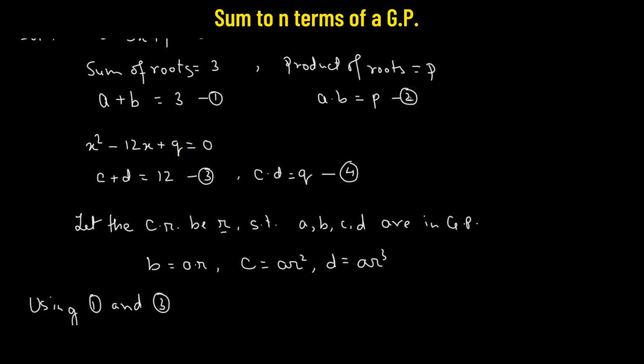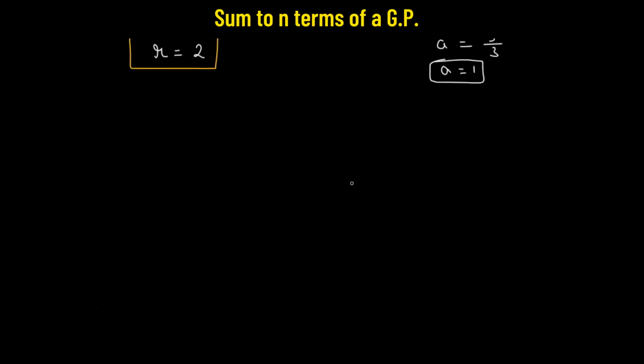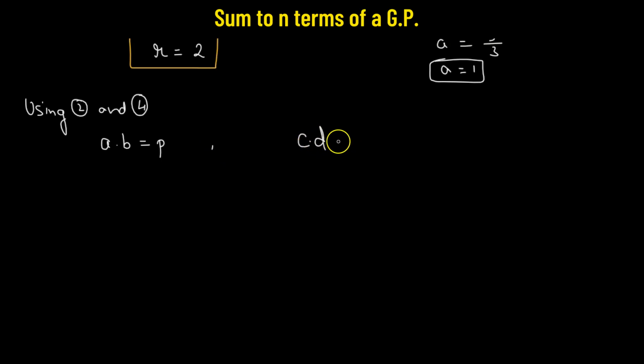So we'll use equation number 2 and equation number 4. In equation number 2, we had the product of the roots a times b equals p. And in equation number 4, the product of the roots of the second quadratic equation has a value of q. So a times b, where b is simply a times r, equals p.